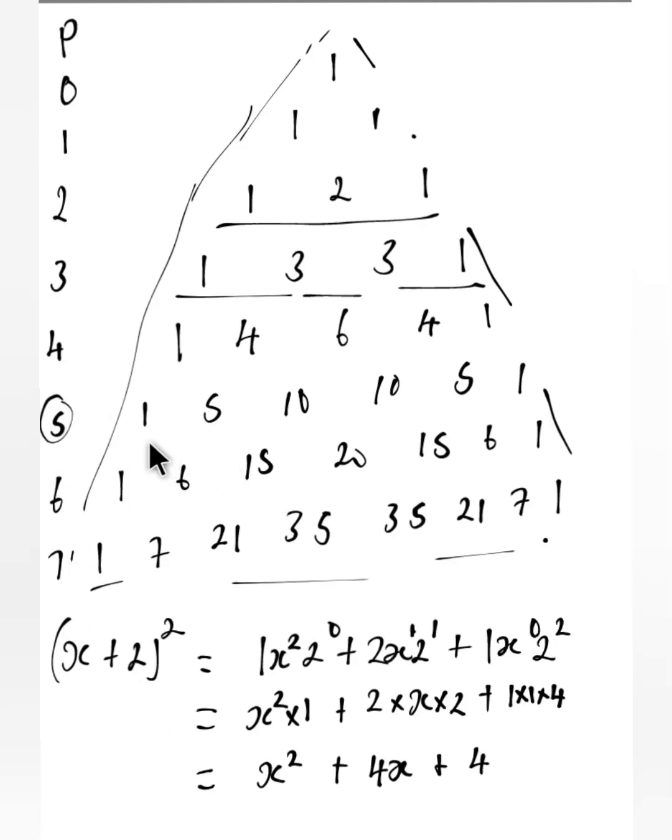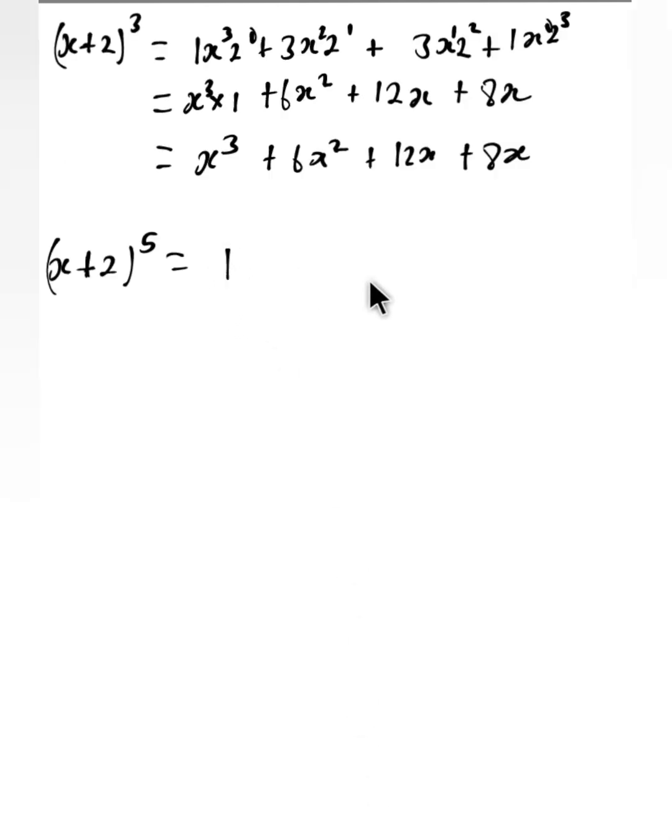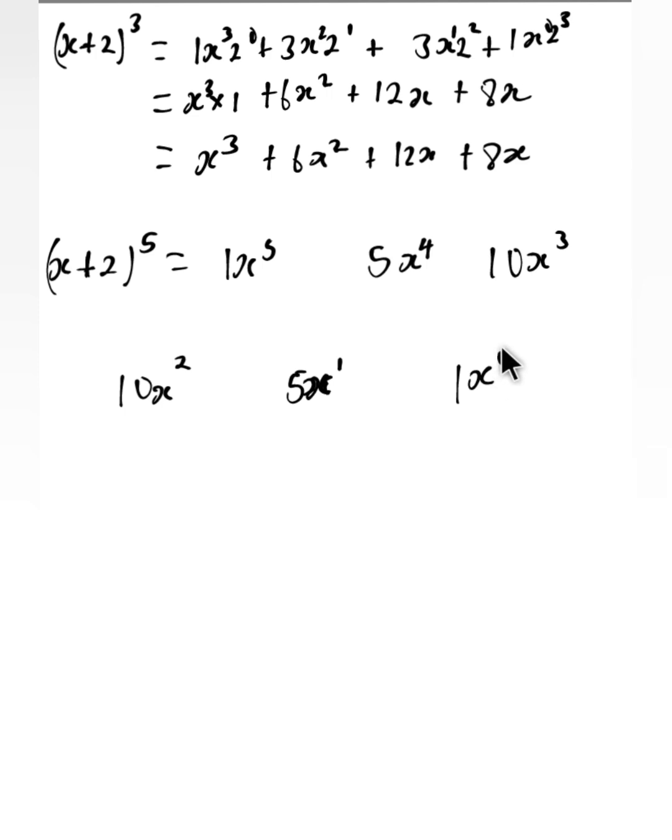When the power is 5, it is 1, 5, 10, 10, 5, 1. So we work with that: 1, 5, 10, 10, 5, 1. Now the next step: this is x raised to the power 5, x raised to the power 4, x raised to the power 3, x raised to the power 2, x raised to the power 1, and x raised to the power 0.